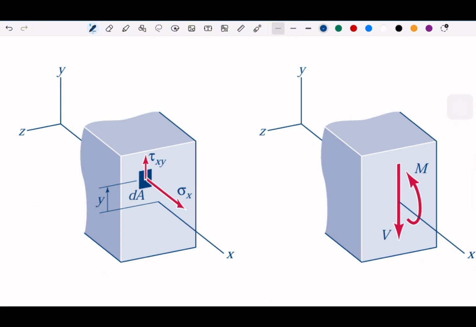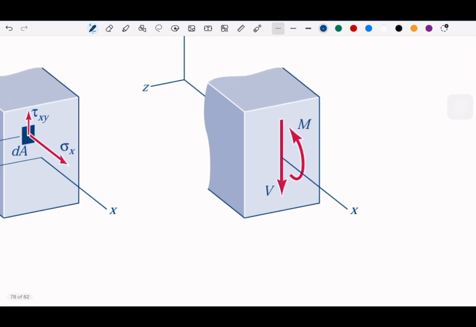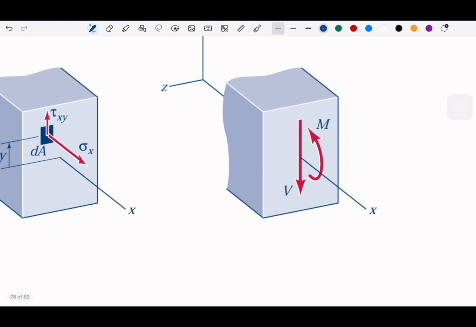But the idea here is we could have these two, shear force and bending moment, all together. So for example, if we cut here, we have the shear force and the bending moment.